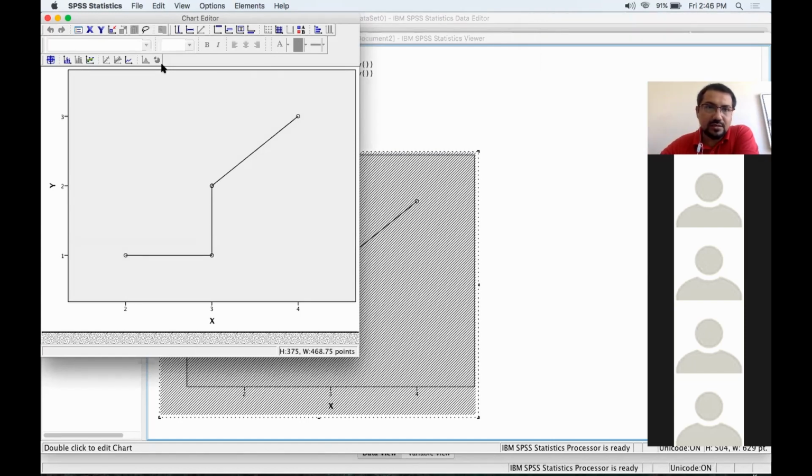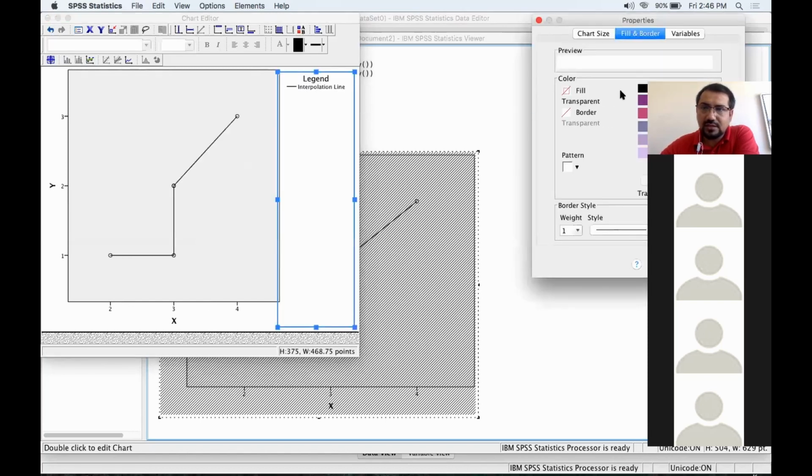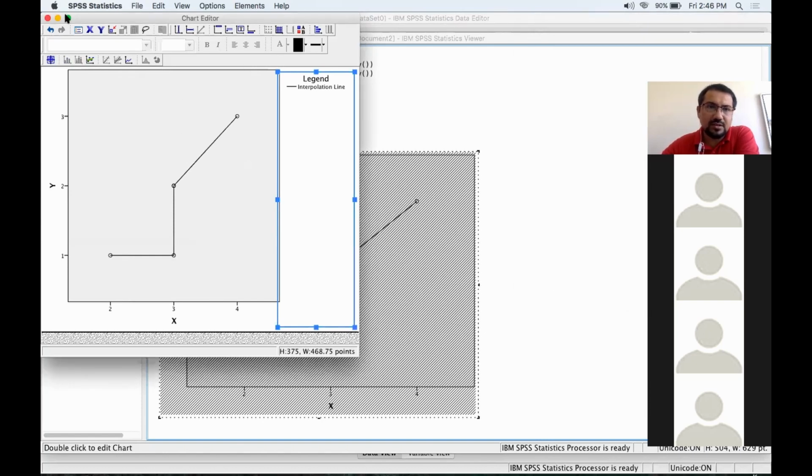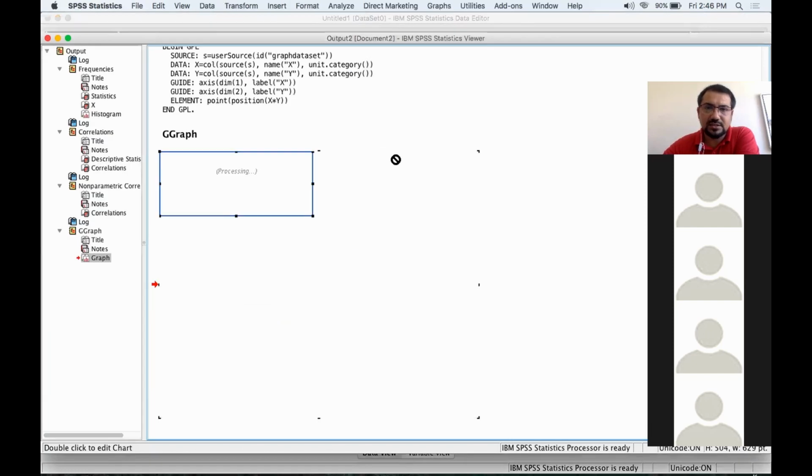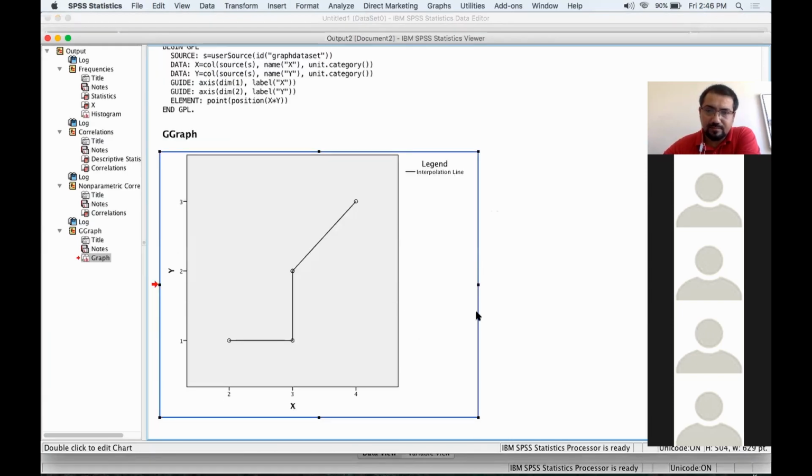You can color the chart, and there are many things you can do from here, like different colors.